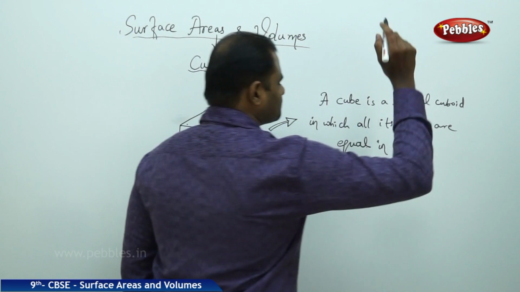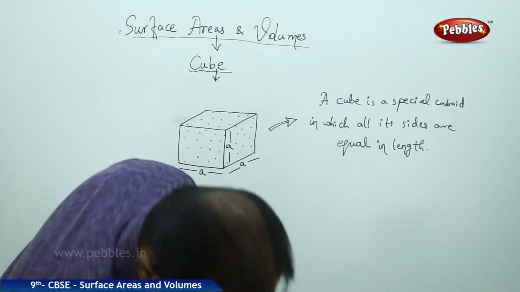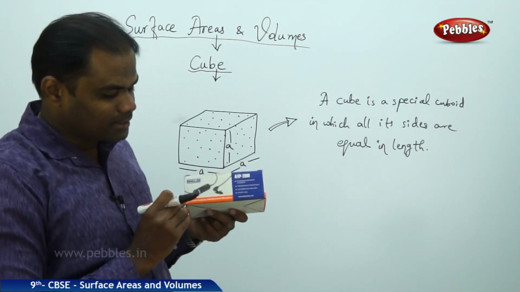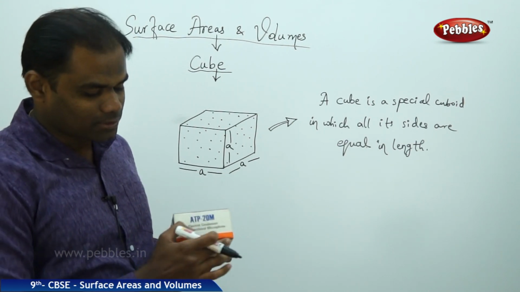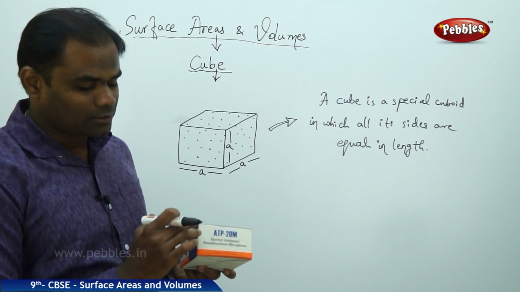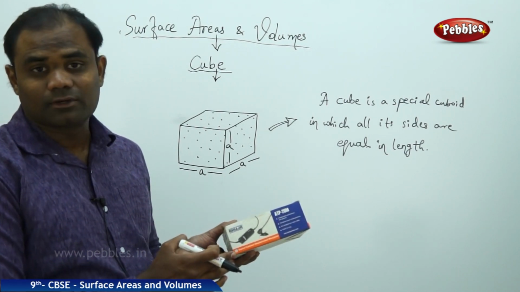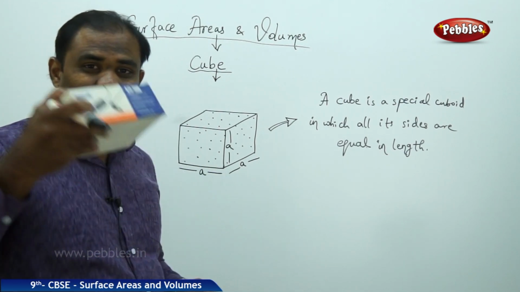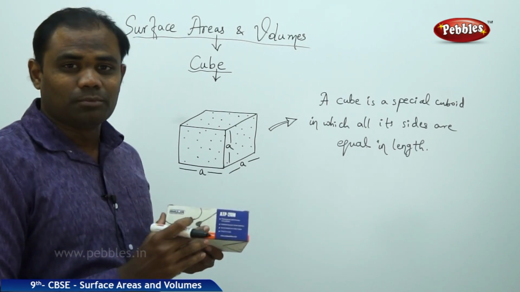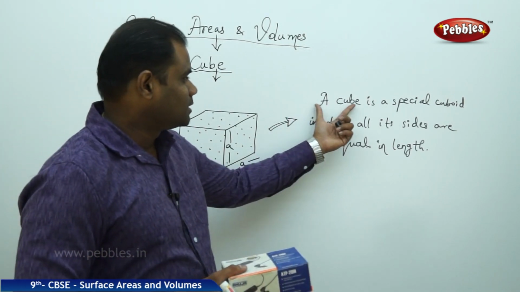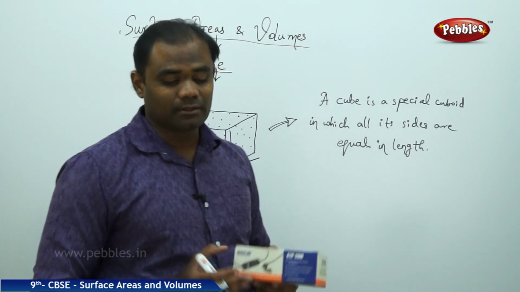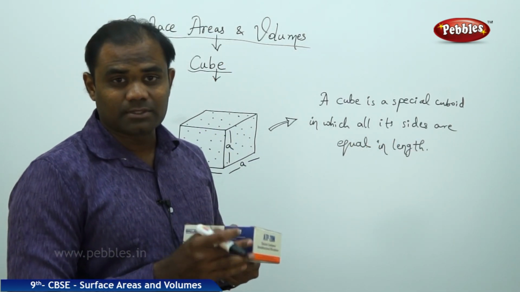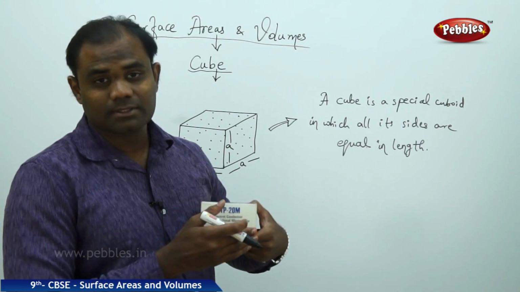in length. If you take the example of this, the length of this is not equal to the length of this, or the length of this is not equal to the length of this. So this cannot be a cube, because a cube is a special cuboid in which all its sides are equal in length. This length must be equal to this length, must be equal to this length.